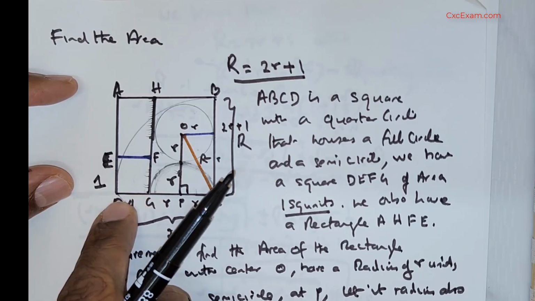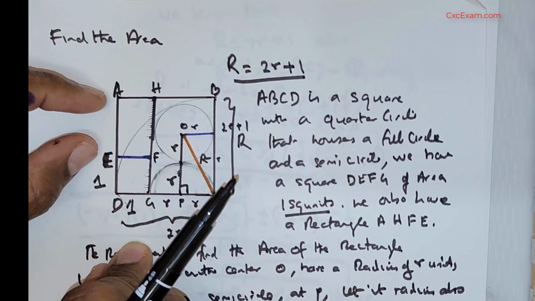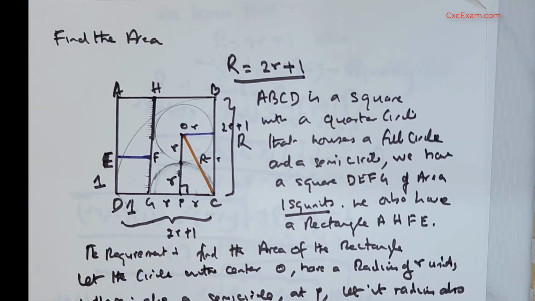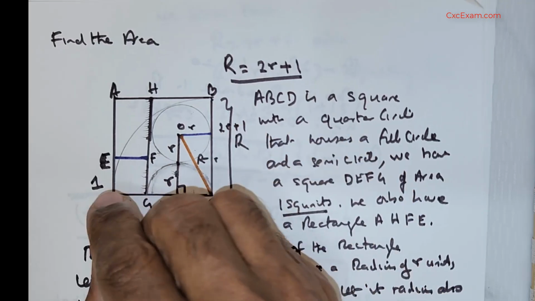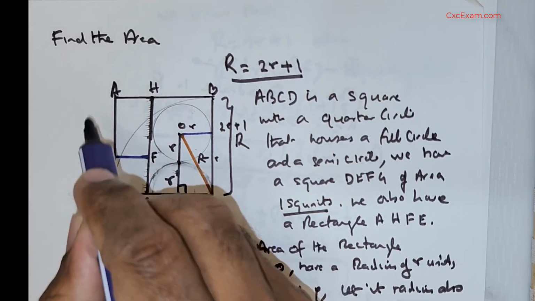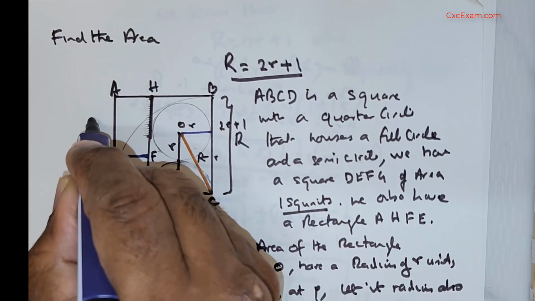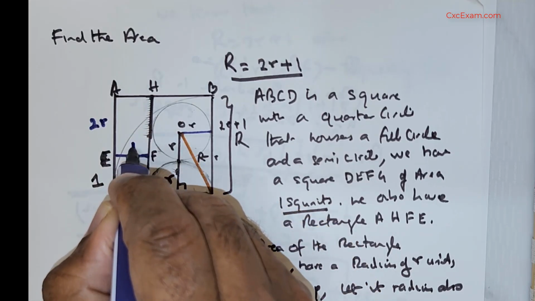We are given the side of the square is 1 unit. So if this is 1 unit, what will be this value? That is the question. Since the entire side should be 2r plus 1, this length is going to be 2r. Already this is 1, so this is going to be 1.